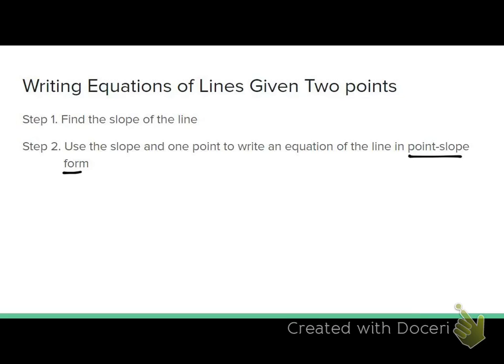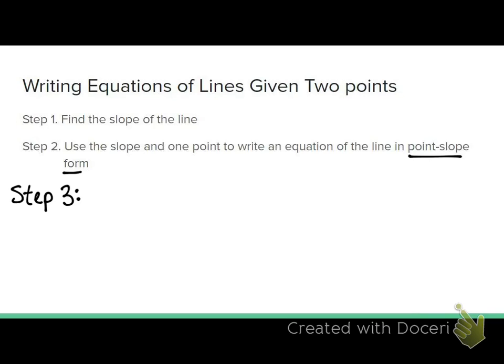If point slope form is where you want to be, then we could stop at step 2. But if we need to go to slope intercept form, we had to do a couple more steps after that. So after it was in point slope form, what was the next thing we did?